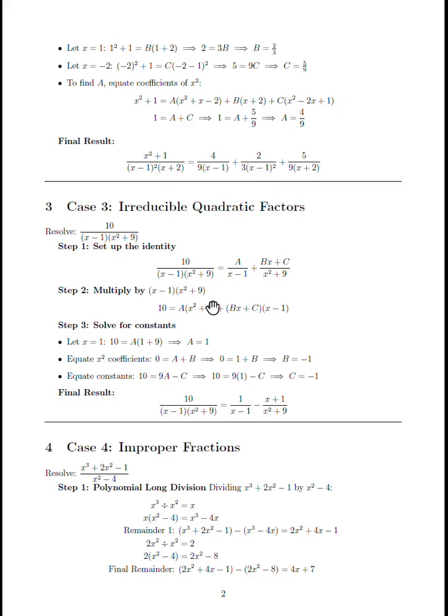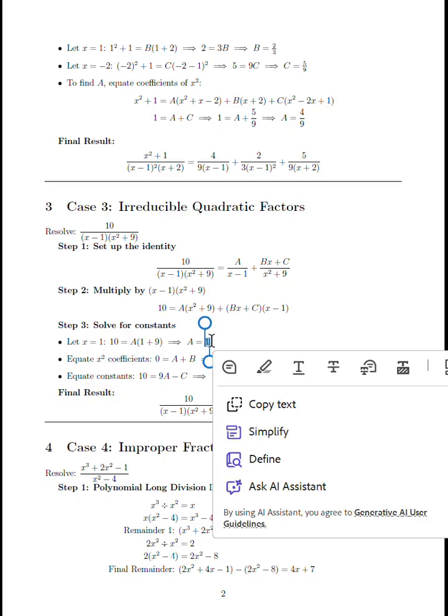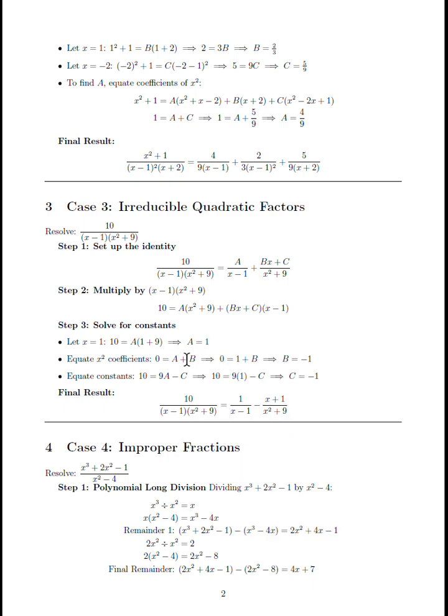So a plus b is a coefficient for x squared on the right hand side, and so we are saying that a plus b must be equal to 0, because on the left hand side we have no coefficient for x squared. If that's the case, we already have a to be 1, and so if a plus b must be 0, then b must be minus 1.